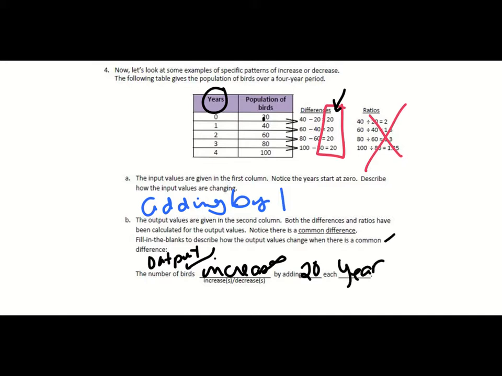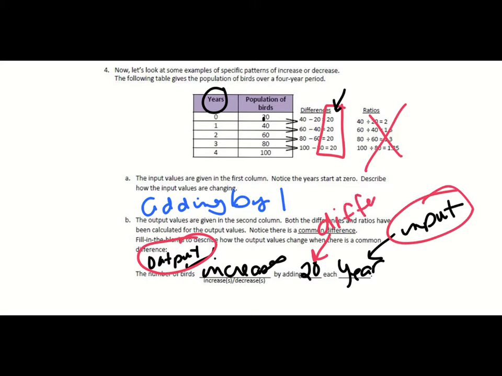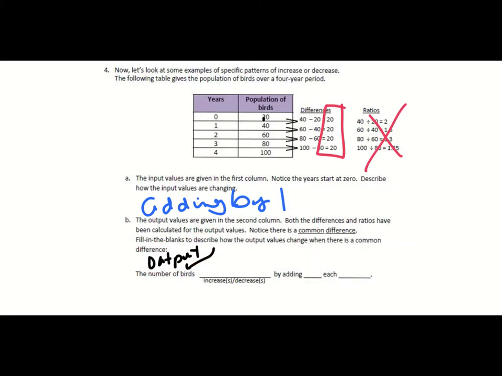And so what goes here basically is our input value. So that's why you have to know basically what your output variable is and what your input variable is. And then you have to basically know what your common difference is when you write out your sentence.